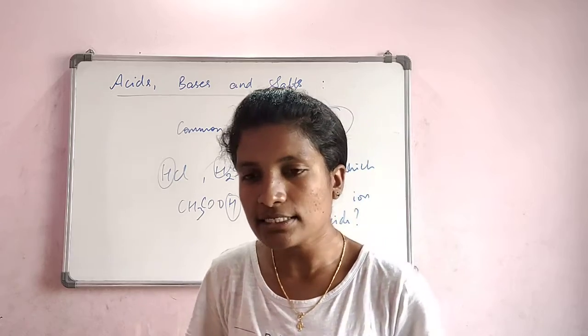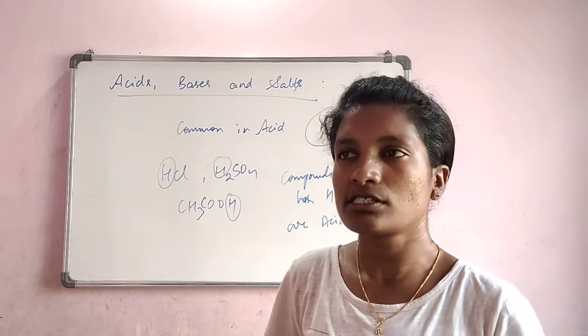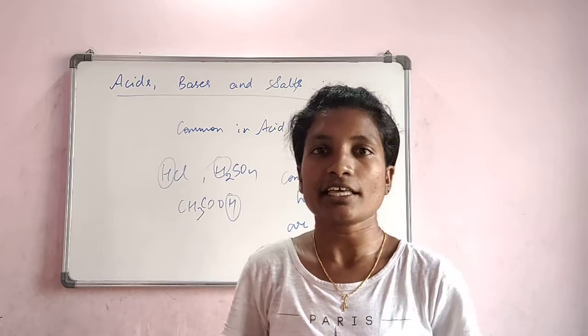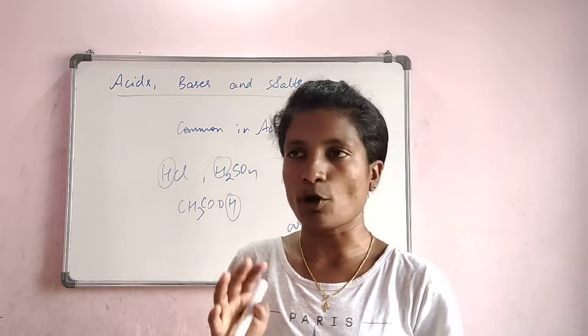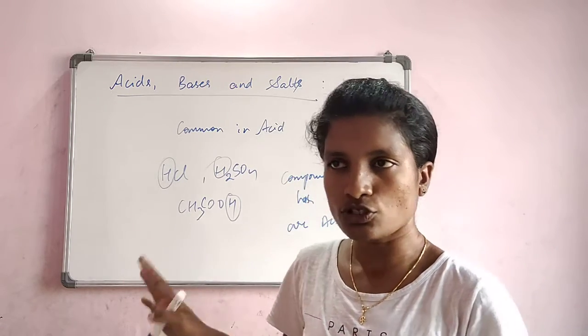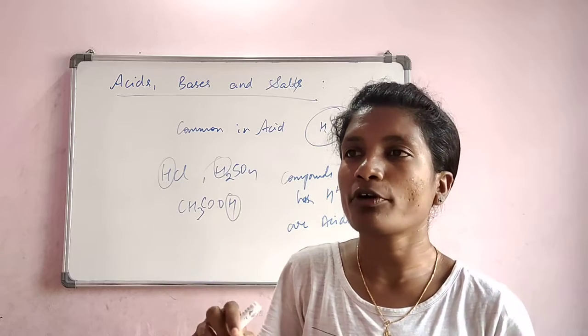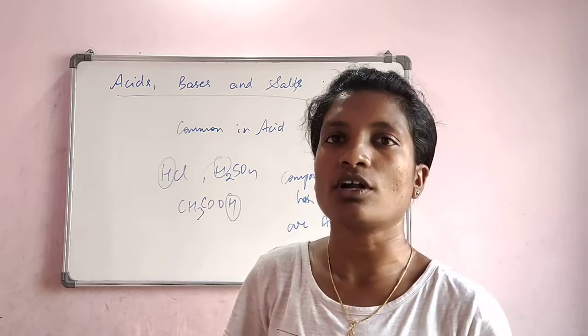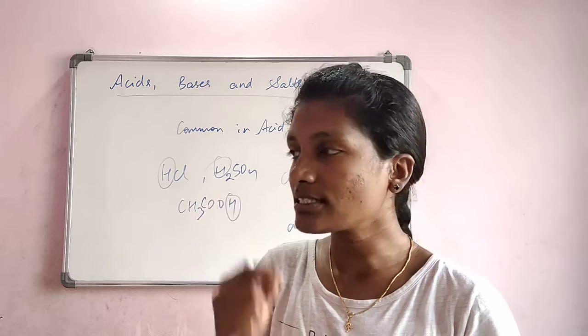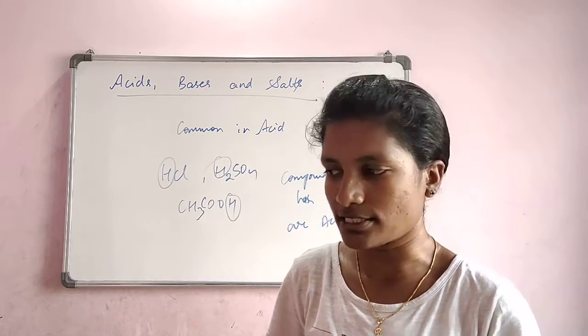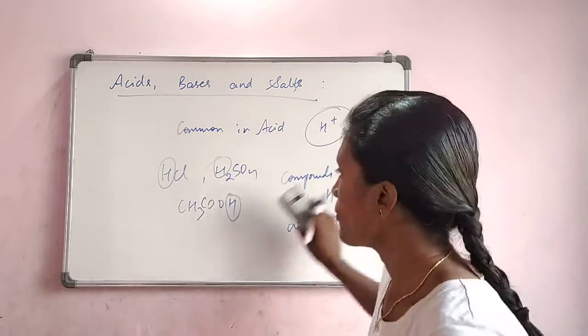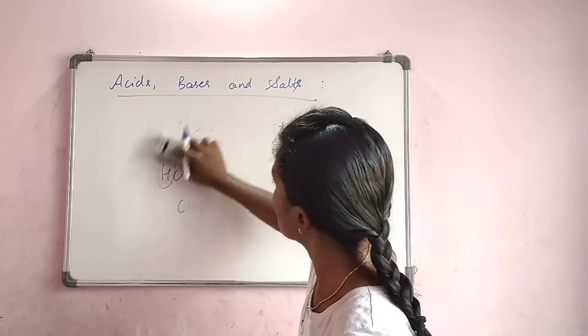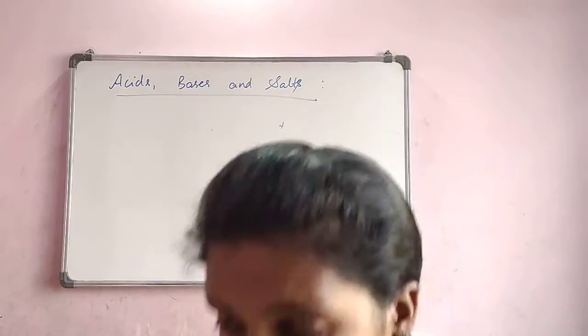To check that, let us take a few examples and check the properties of acids. If the properties are satisfied by those compounds, then that compound which contains hydrogen ion is called an acid. If it doesn't satisfy the properties, then it is not an acid.